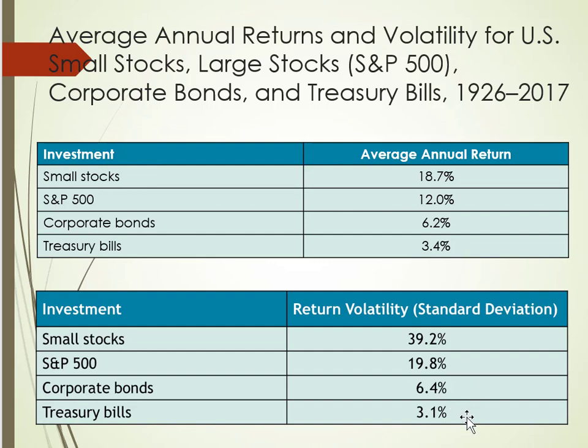T-bills at the bottom, around 3.1% is the standard deviation, and Treasury bills earn on average over this time frame about 3.4%. Again, we said that inflation itself was about 2.89, roughly 3%. So T-bills barely beat inflation.